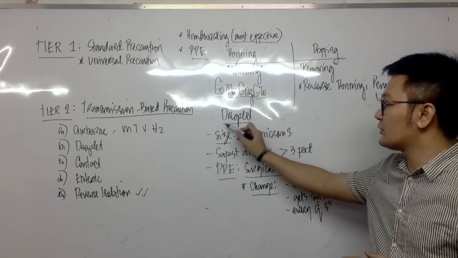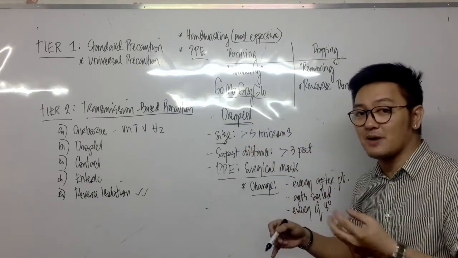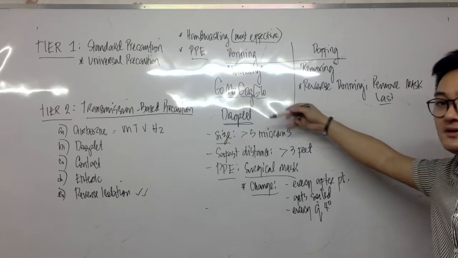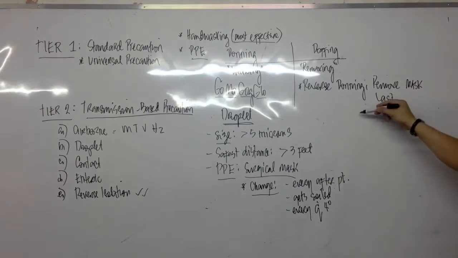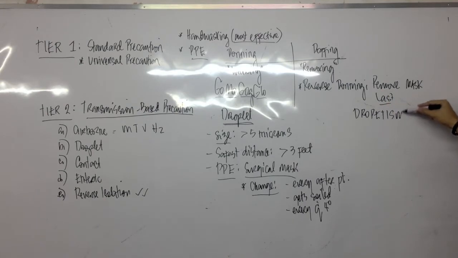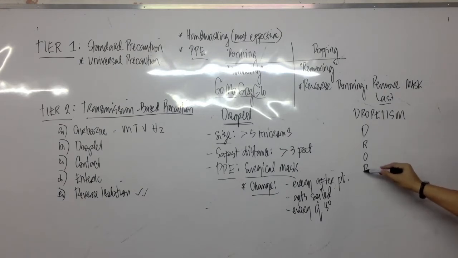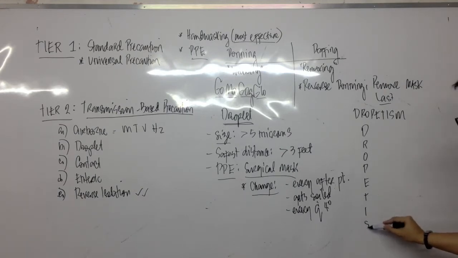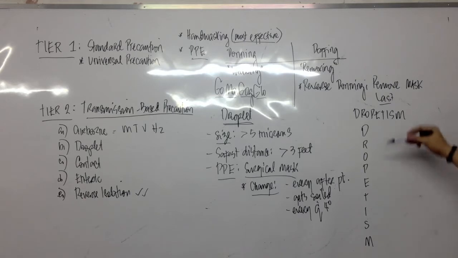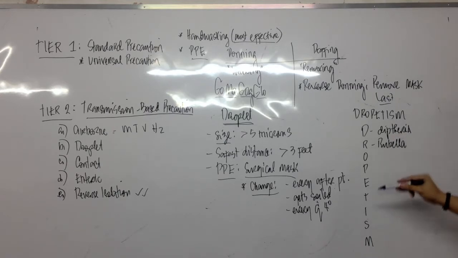Let's go back. So when I say droplet spread, what are examples of your droplet infection? So you have your DROPPETTISM. Okay? D stands for your diphtheria. R stands for your rubella.